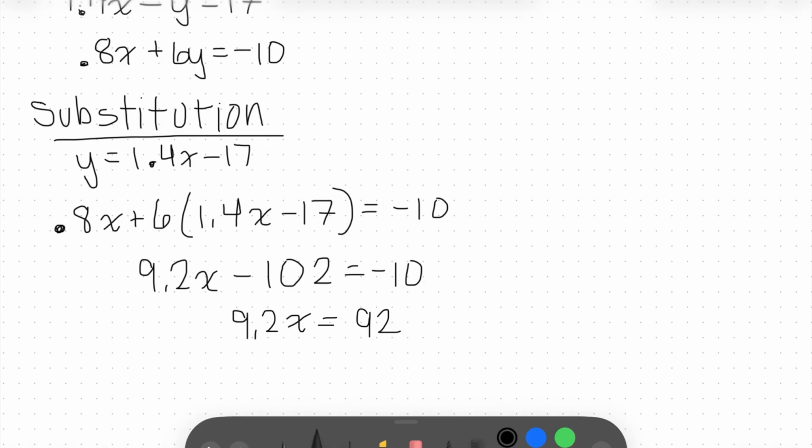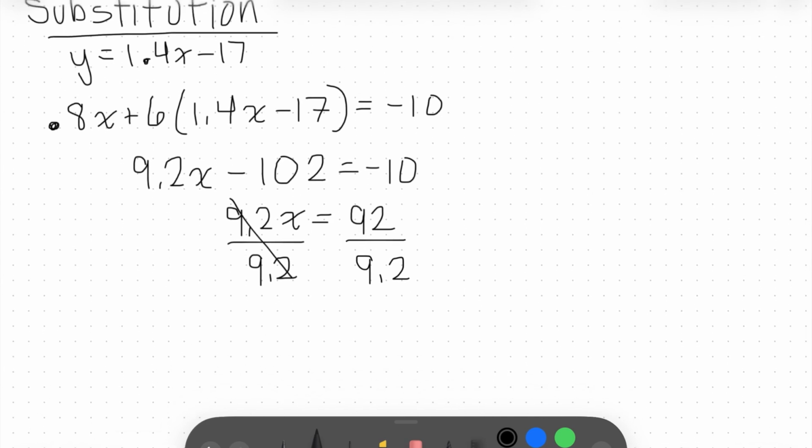If I add 102 to both sides, then divide by the 9.2, divide by the 9.2, and I'm going to have x is equal to 92 divided by 9.2, which is 10.